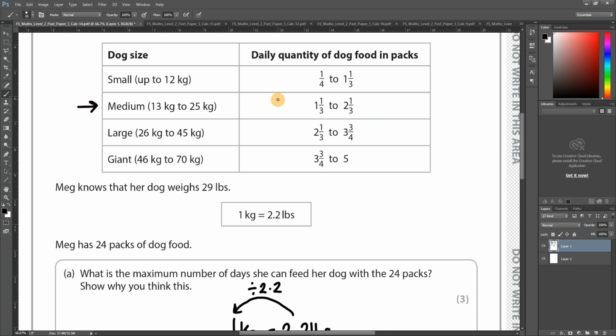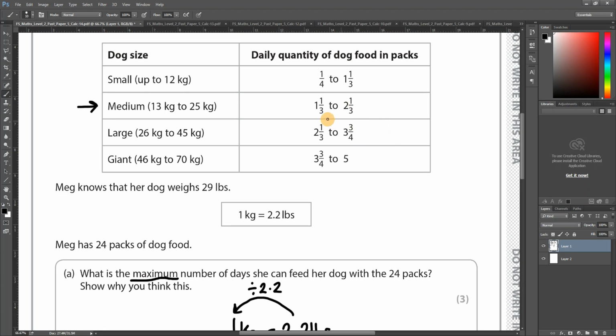Yeah, and a medium dog uses between 1 1/3 to 2 1/3 packs of food, isn't it? Daily quantity of dog food in packs. Right, so they want the maximum number of days she can feed her dog with 24 packs. So she's got 24 packs.